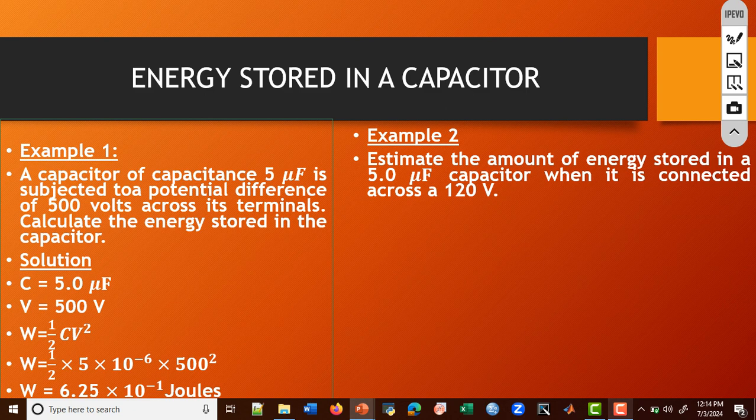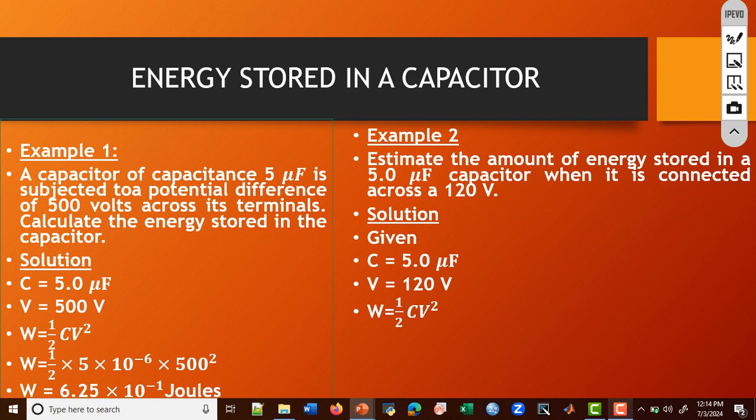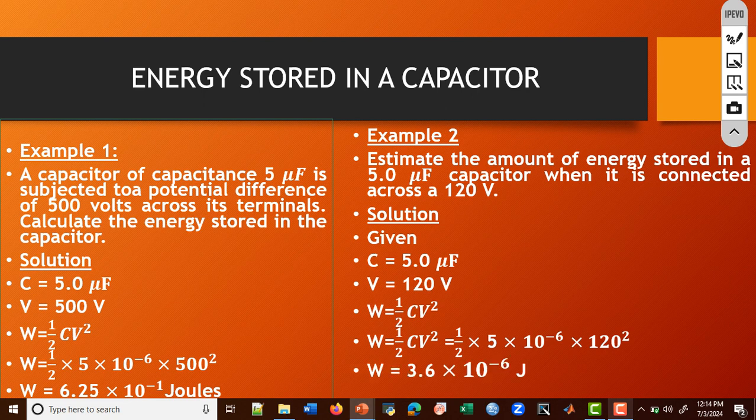So I would like you to try this by yourself before I come in. Okay, let's continue. We have the capacitance, and the potential difference is given. We pick the same expression and simplify it. Compare your answer with the one we have here to see if it is the same.